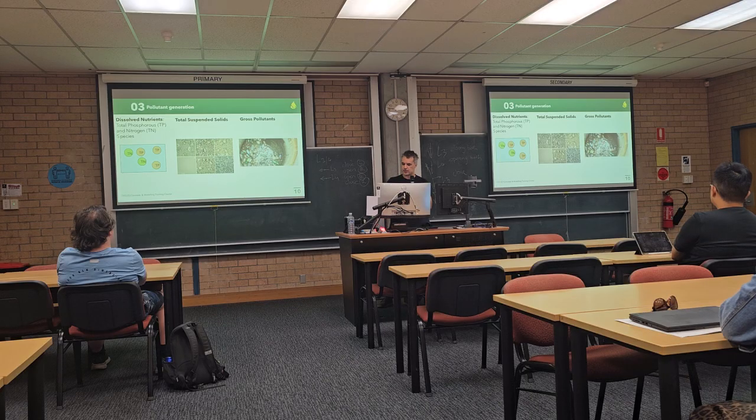So instead of having a leaf that you can pick up and throw away, you have a lot of dissolved material that literally turns the water green, in a variety of colors. None of them good.